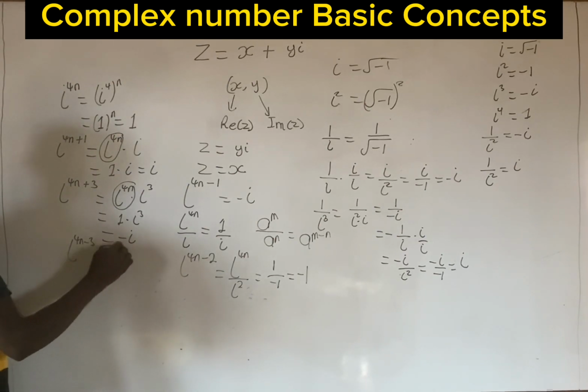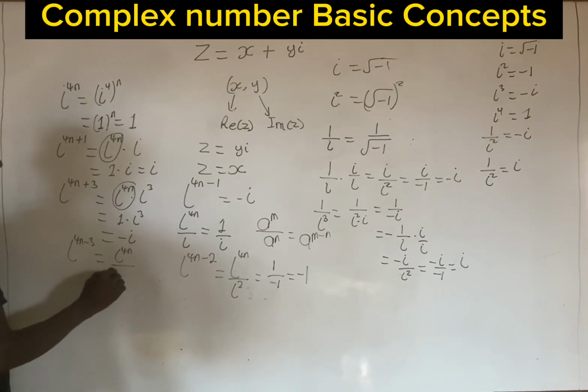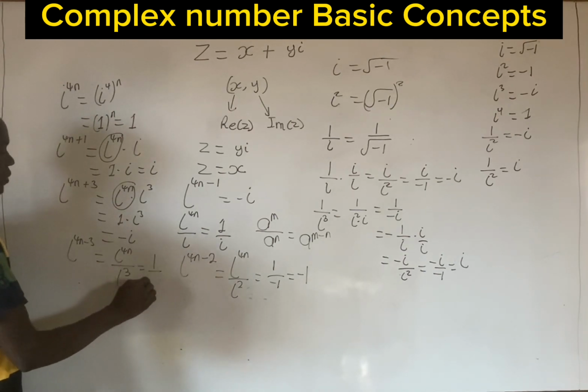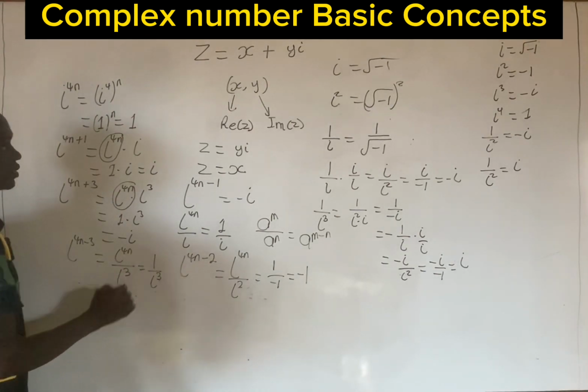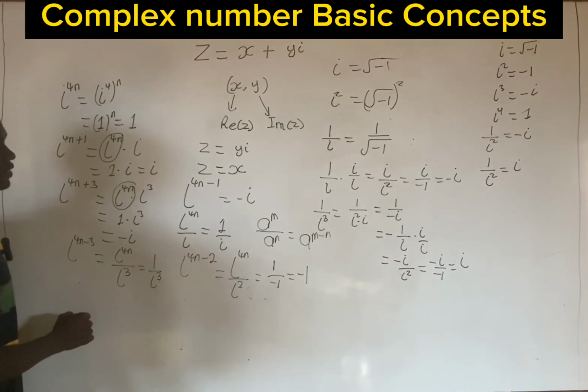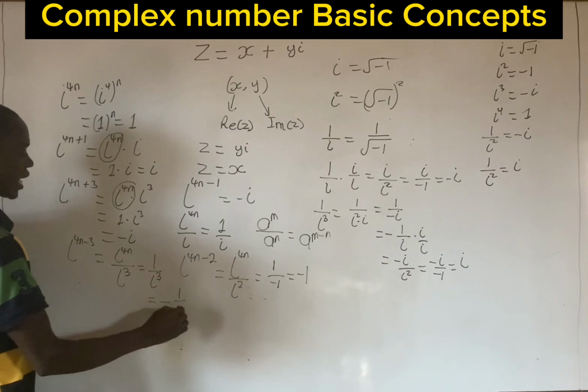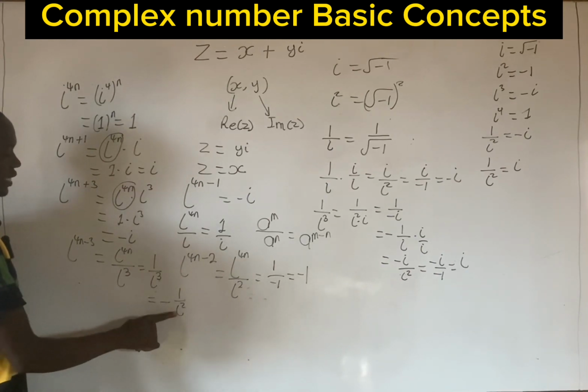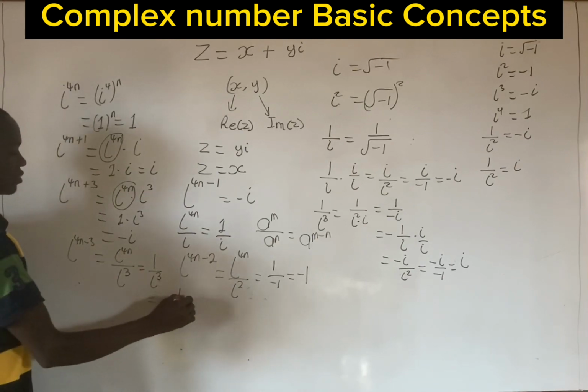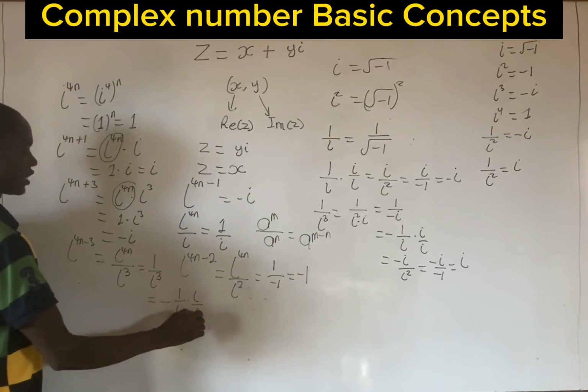This will give us i to the power 4n divided by i to the power 3, which is equal to 1 divided by i to the power 3. And what is i to the power 3? Negative i. So we have negative 1 divided by i. Now let us rationalize this. We multiply here by i and multiply here by i.